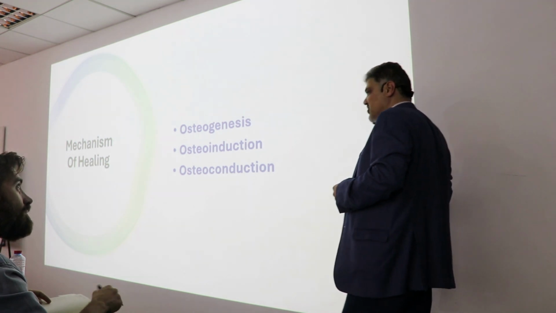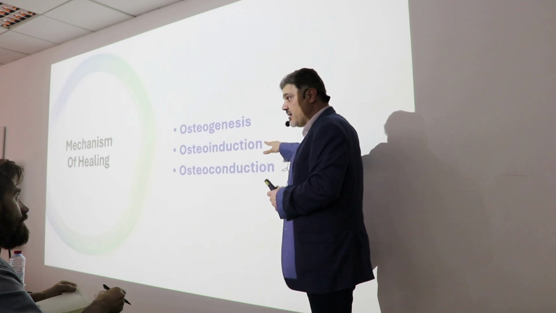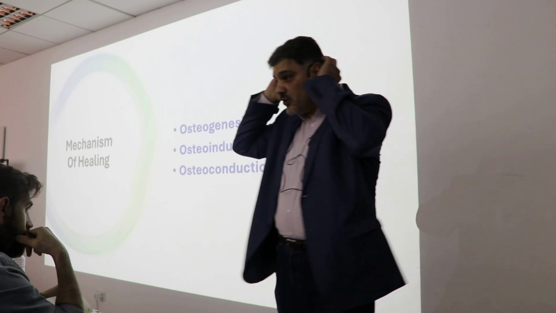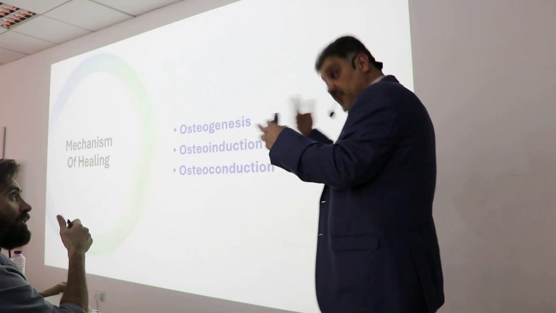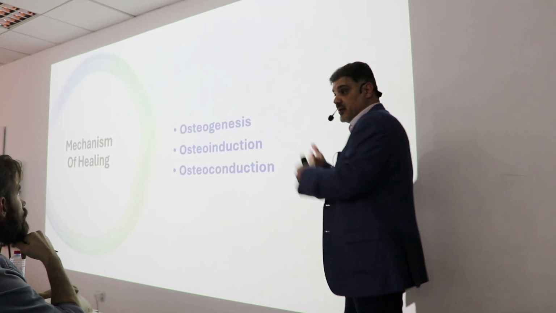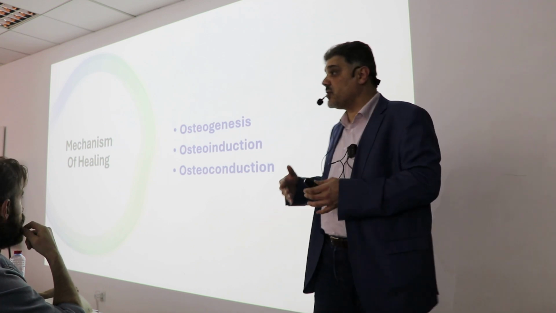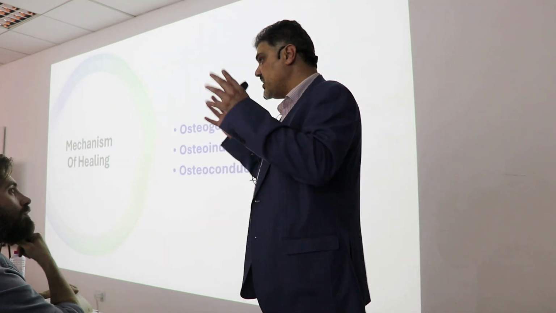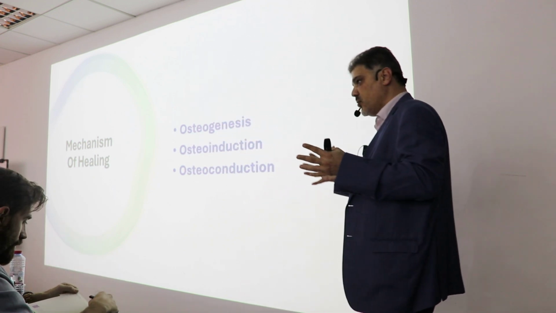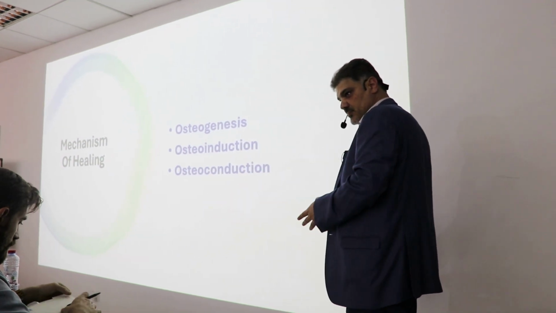Osteoinduction stimulates the mesenchyme, the differentiation of the cells into osteoblasts, to start bone formation. Osteoconduction is just a space, a scaffold, to give me an area where the cells can come in and do their job.